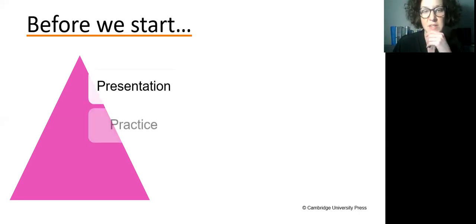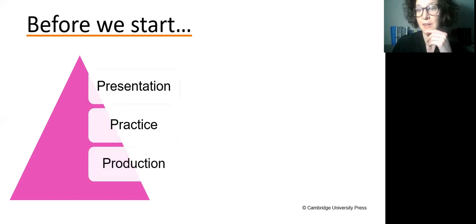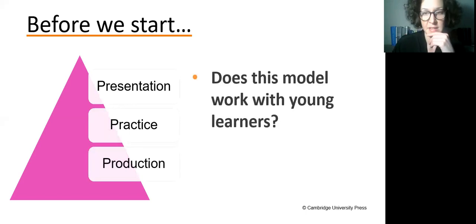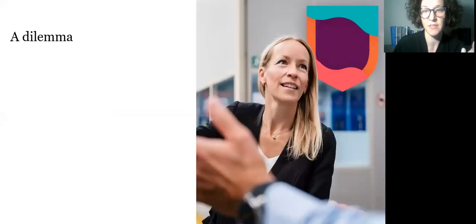This is the typical presentation, practice, production model. But does this model really work with young learners?